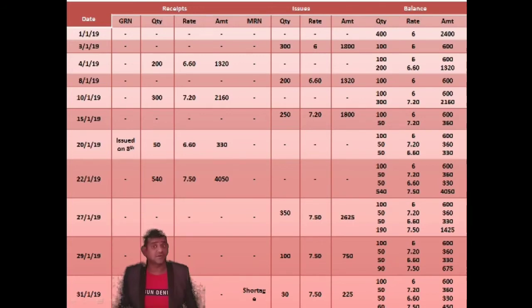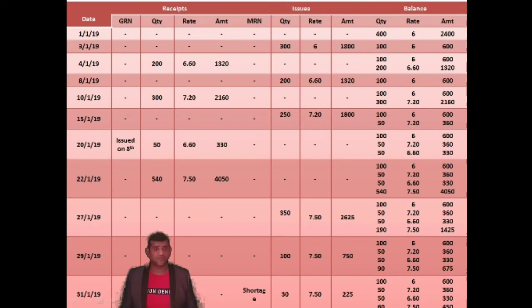Go to the balance column: 100 units at rupees 600, 50 units at rupees 7.20, 360 rupees, 50 units at rupees 6.60, 330 rupees, and 540 units at rupees 7.50, 4,050 rupees. So we are done with the entry for 22nd January 2019.